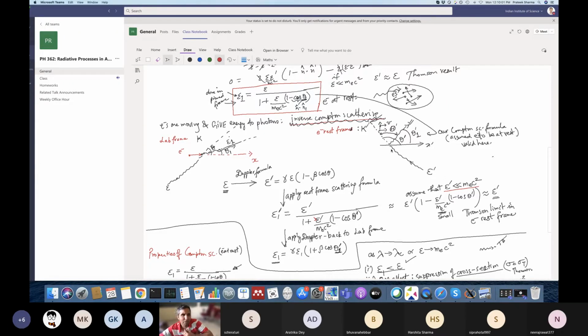Now, when is this valid? For most of the photons in the electron rest frame, epsilon prime is gamma epsilon. So if gamma epsilon is less than m_e c squared, then this approximation is valid, that is, you can use the Thomson limit.